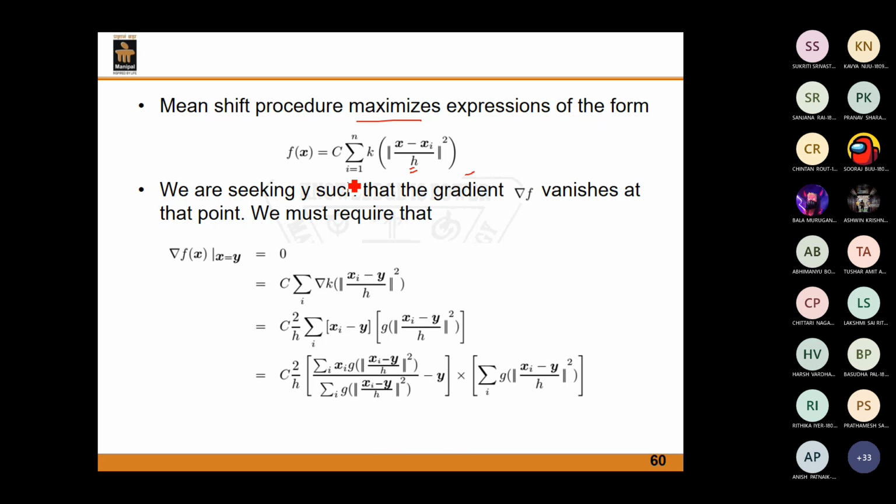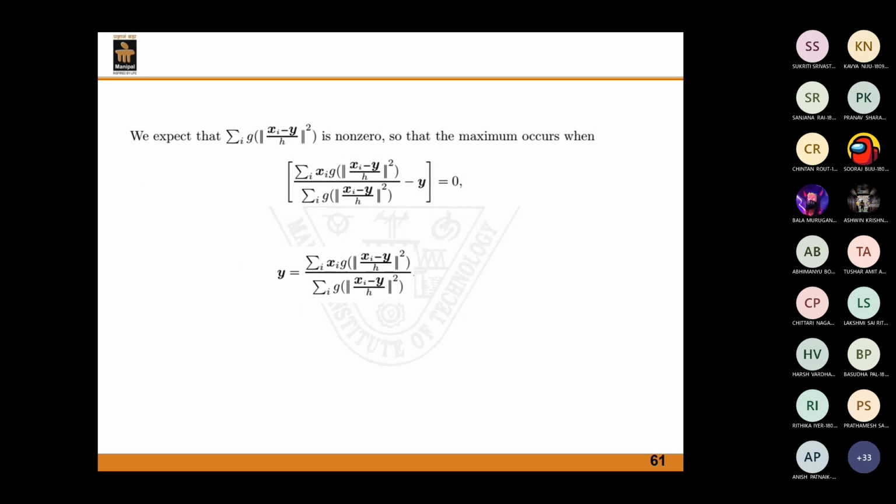And as I said earlier, the mean shift vector is trying to find out the maxima in a particular PDF, right? So here this H is the radius of the circular region of interest that we are considering. Okay. And when we are simplifying this, what we get here is that the maxima occurs at this particular point y. Okay, and this is the derived expression for that.